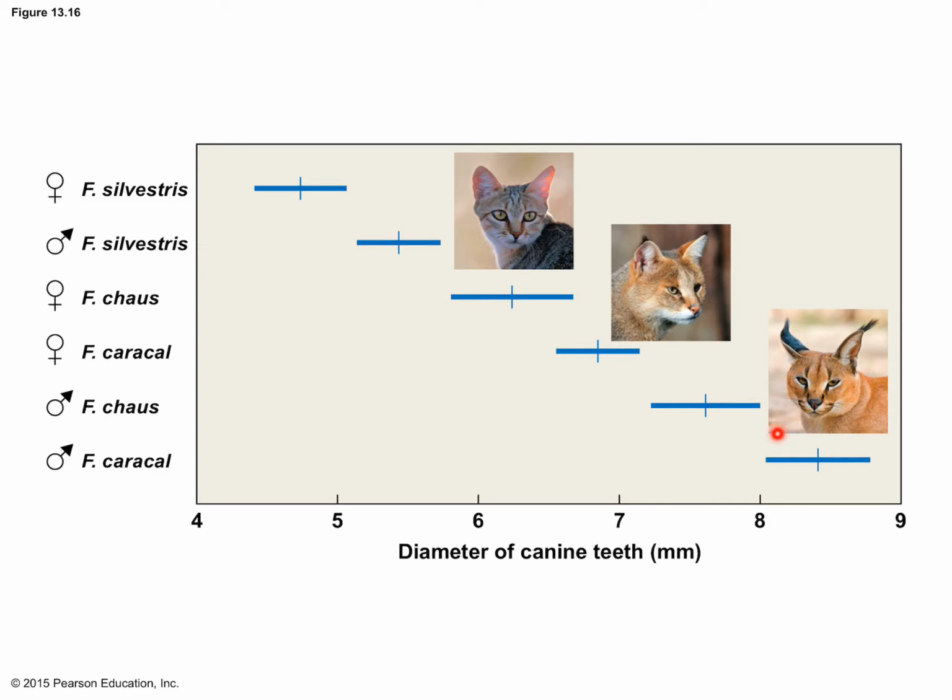There's a little bit there, but really almost no overlap between them. And so this suggests that they are very finely adapted via the size of their canine teeth to take advantage of different prey species, and so they avoid competing with one another in that way. And again, natural selection favors the avoidance of competition.